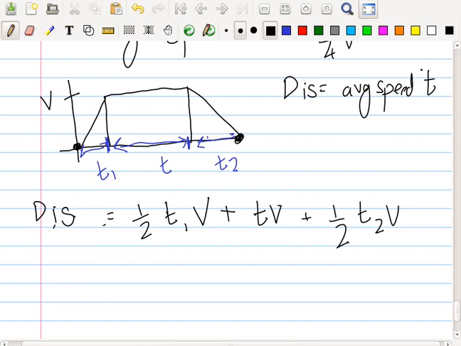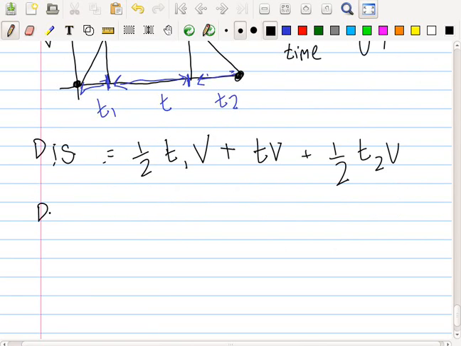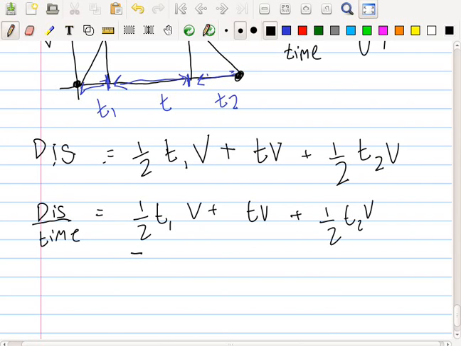If I divide distance by time, what do I get? Average speed. So I'm going to divide this by the total time. So distance over total time. What's the total time?